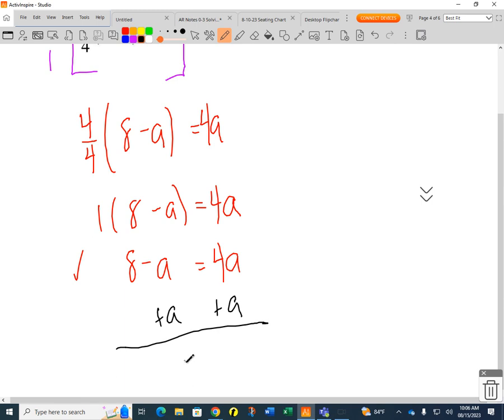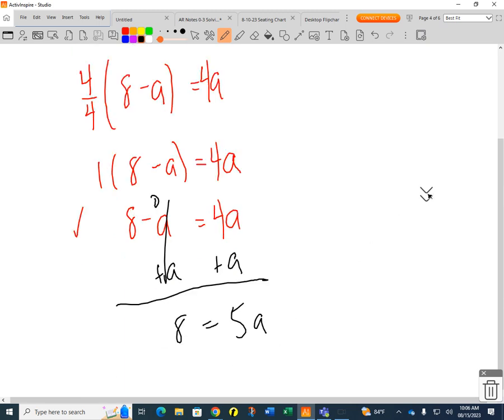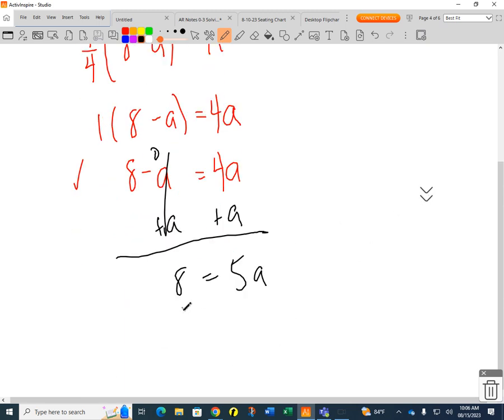And so that's 8, and that's 8 minus 0, which is still just 8. 4a plus a is 5a. 8 equals 5 times a. We undo the multiplying by dividing. 5 divided by 5 is 1. 1a is just a. When we write our variable on our left side, we want our answer in terms of the variable, not the other way around.